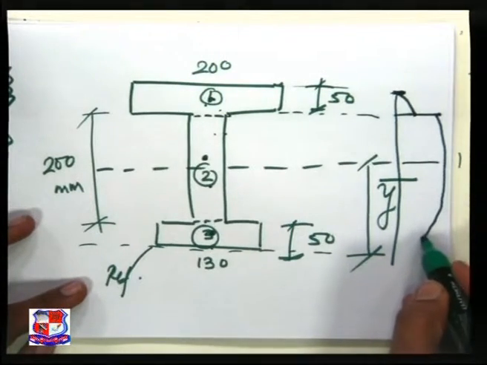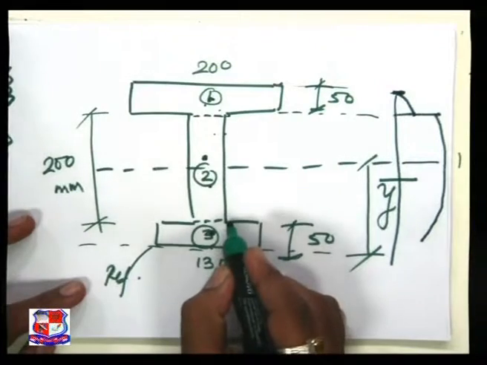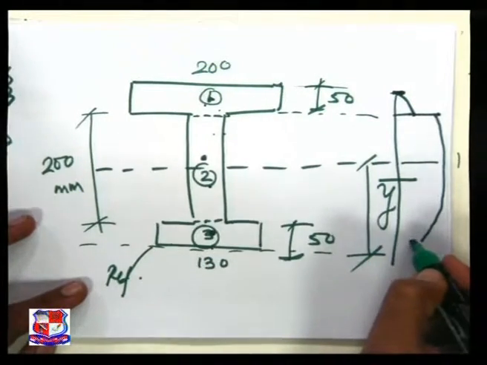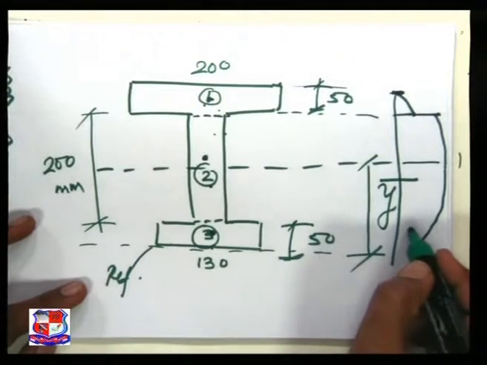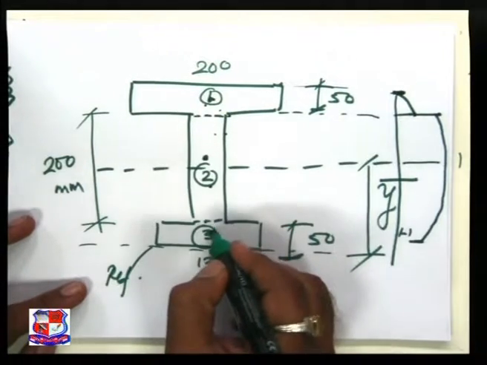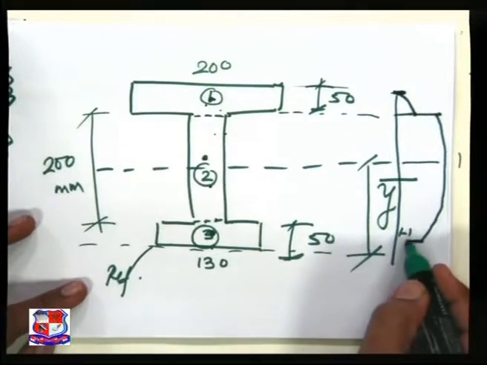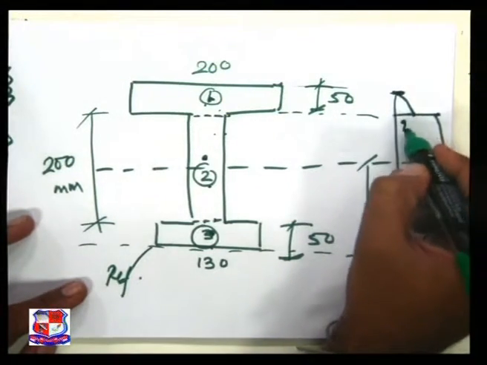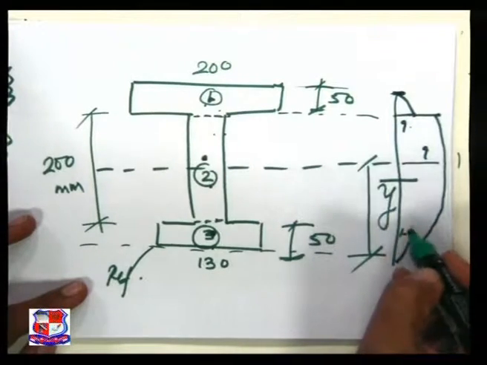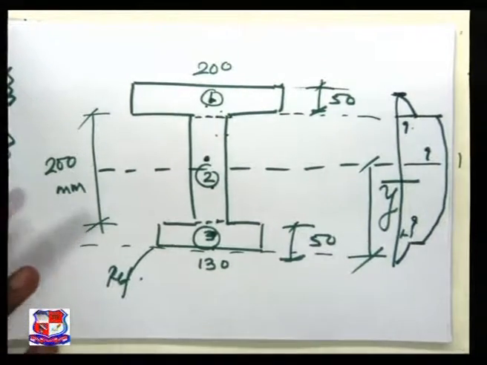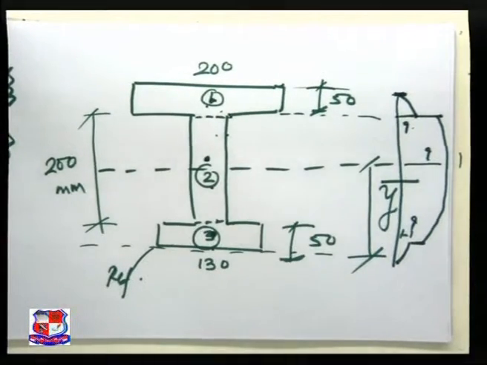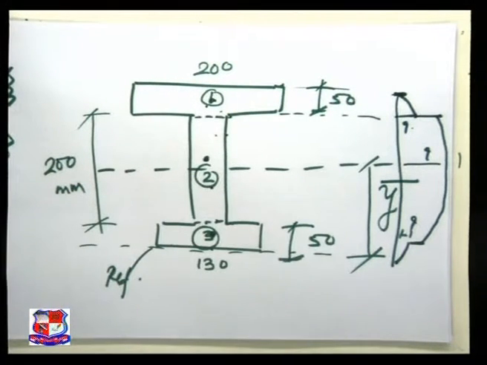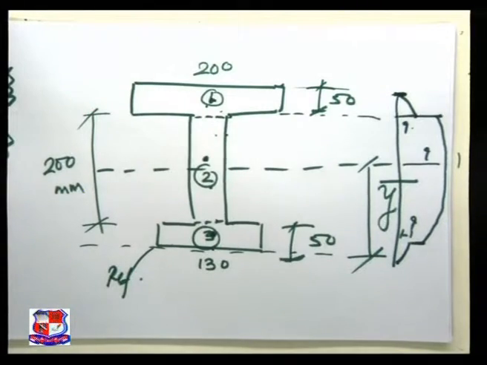Then at the bottom part, at the connection between web and flange, the value is over here. The remaining value is for the flange and web connection, and 0 at the bottom flange. So our intention is to find out the variation at different important points, calculate all these points, and then plot the shear stress distribution diagram. So please come to this PPT.